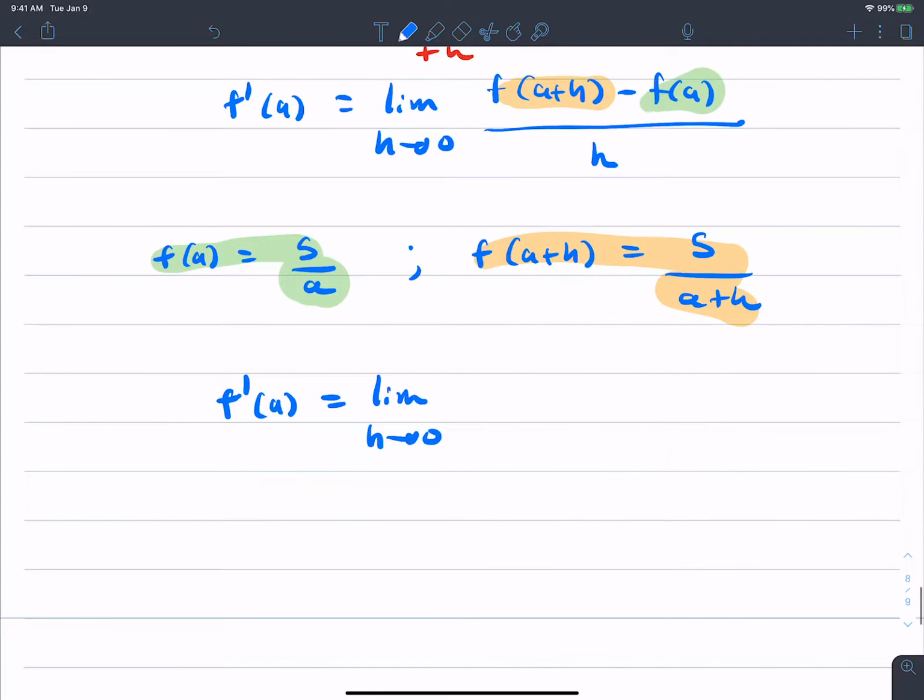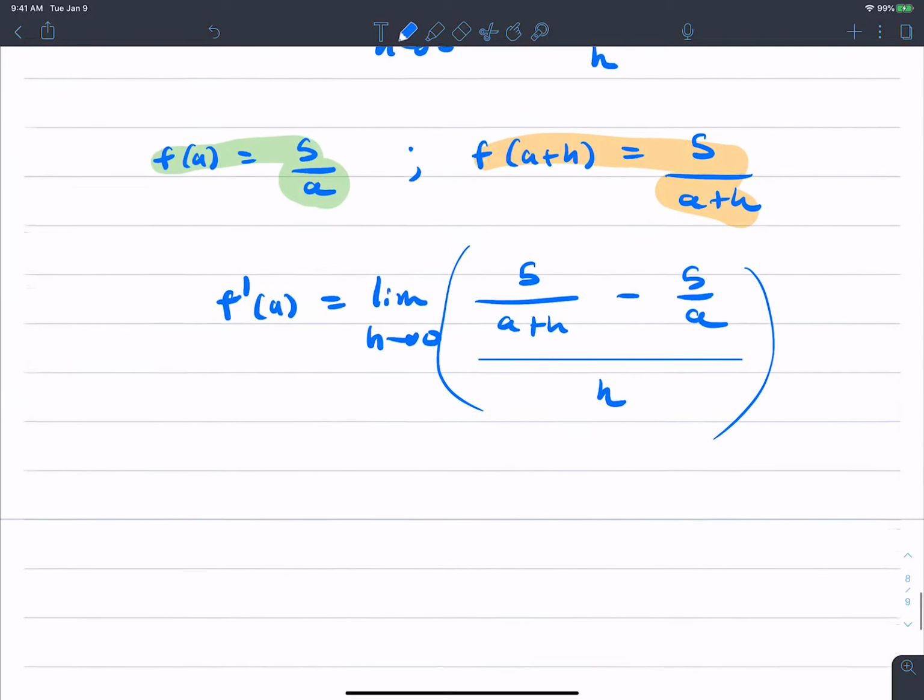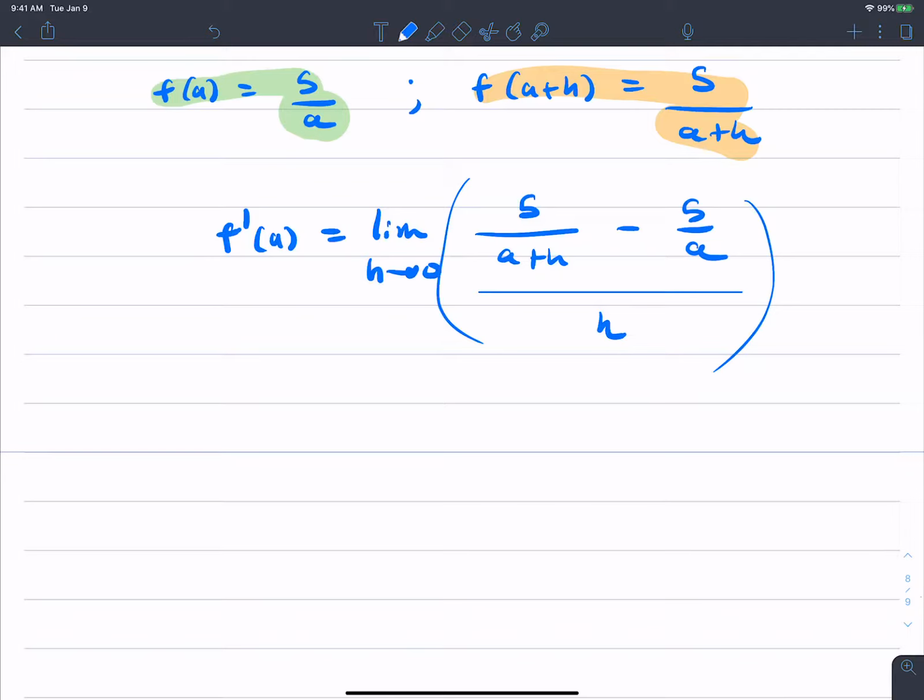So we have 5 over a plus h minus 5 over a, everything over h. All right, so now you're in the situation where if you try to plug in h is 0, you're going to get that 0 over 0 again, ladies and gentlemen. So you get 0 over 0.